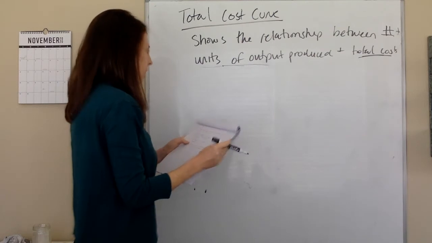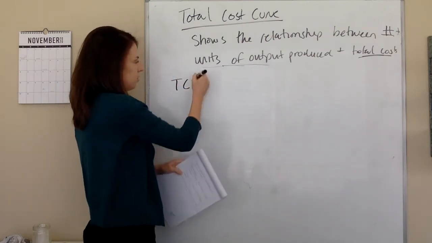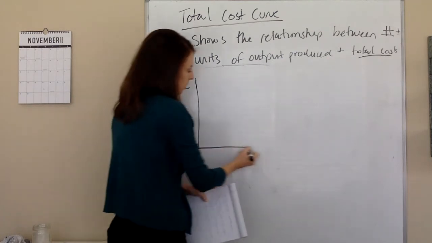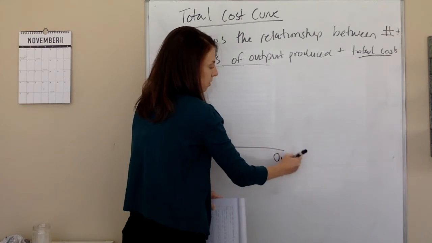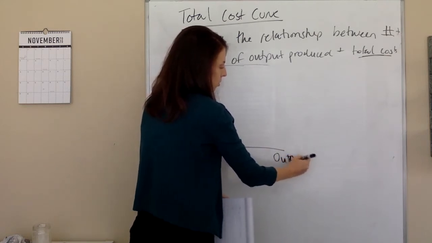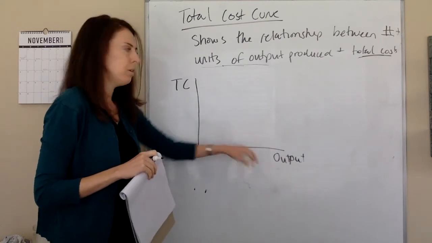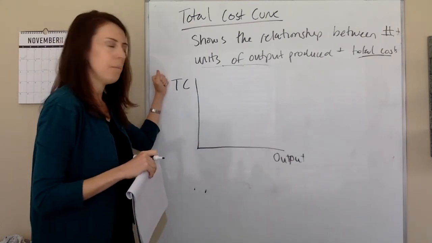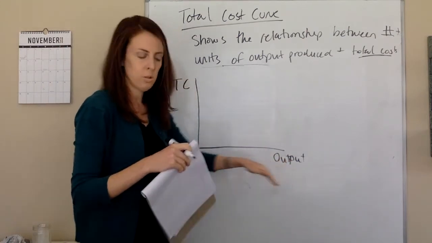So when you plot this, you're going to have along the vertical axis total costs, and along the horizontal axis you're going to have the output. So just note, when we're looking at production functions, output used to be up here in the vertical axis. When we're looking at total cost, output is going to be down along the horizontal axis.